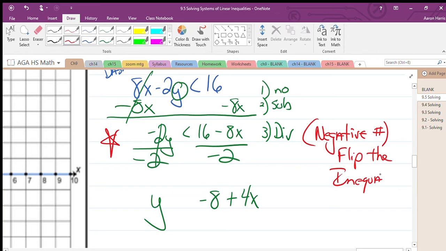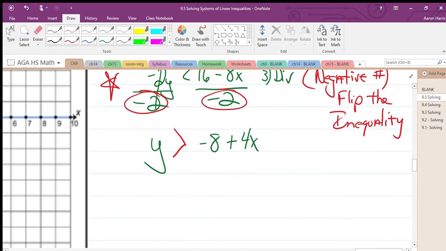Okay, so now it is no longer less than. It becomes what? Greater than. Does that make sense? So since I divided right here by negative 2 and a negative 2, I must flip that inequality. And now I get y is greater than negative 8 plus 4x. Now, if I look at it, I get y equals m. Well, that's not m.